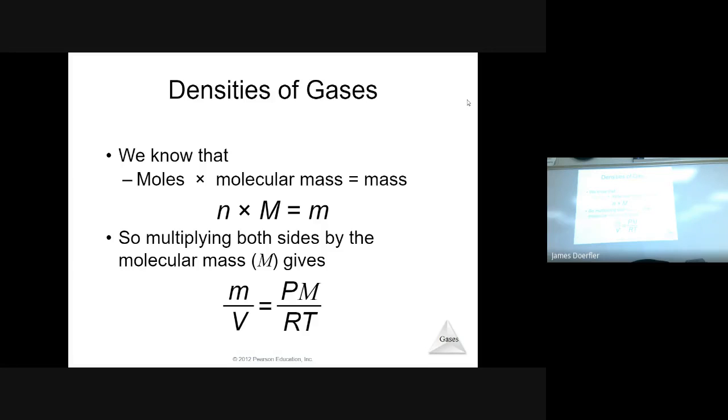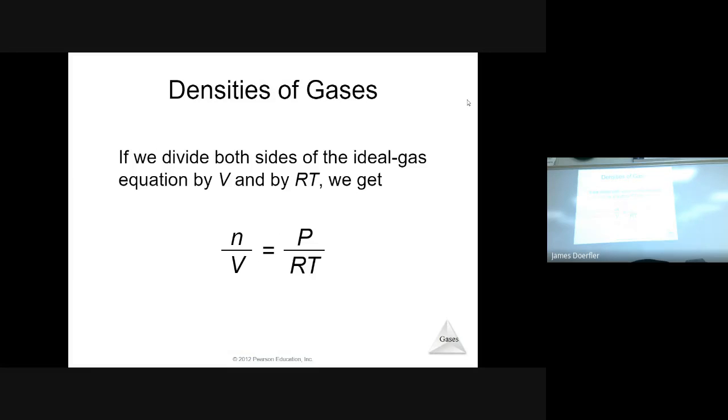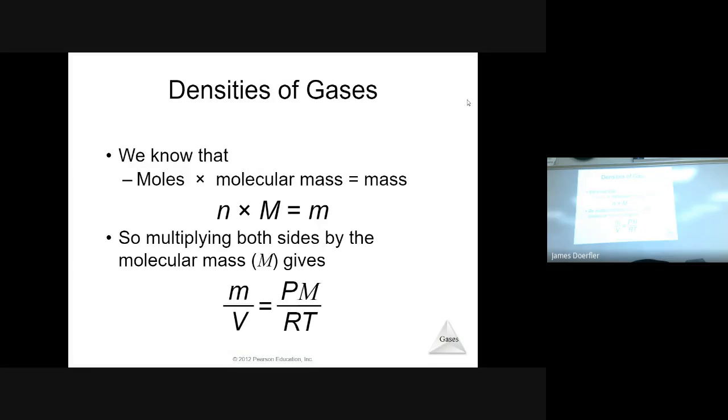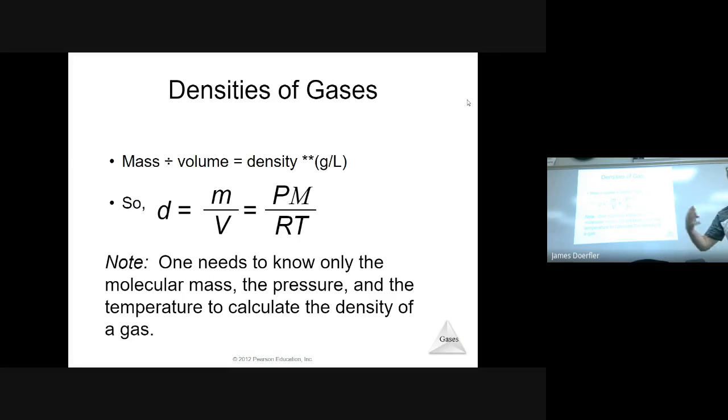So if we take molar mass, the capital M, and multiply both sides of this equation, we get essentially density. Earlier in the year, density was mass divided by volume.